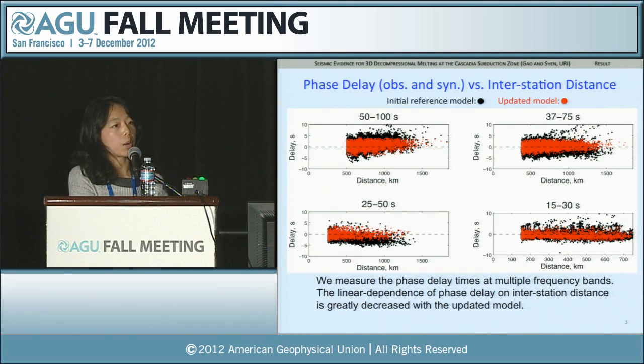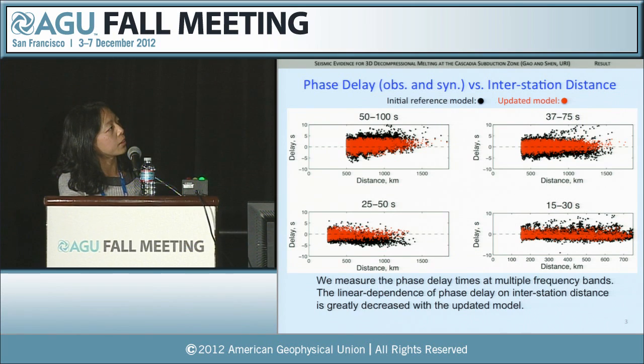Just a quick comparison of the initial reference model and the updated model. The x-axis is the distance between 2 stations. The y-axis is the phase delays between the observed and synthetic waveforms. We measure the phase delay times at multiple frequency bands, considering that Rayleigh waves have different depth sensitivity at different periods. The black dots are the phase delays from the initial reference model.